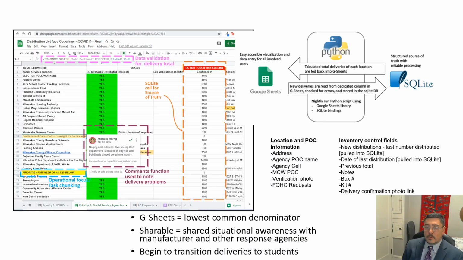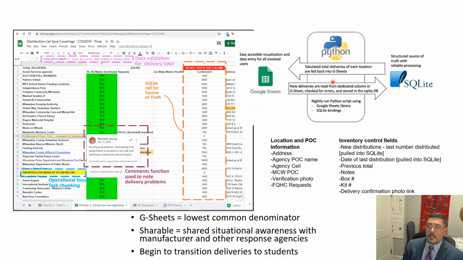This slide is really the crux of today's presentation, and we use Google Sheets to list a very large number of community social service agencies that could use masks. So that the students could quickly go through and find agencies that needed to take a delivery. And we also wanted to be sure that we could display an accurate number of masks that had been delivered to each agency.